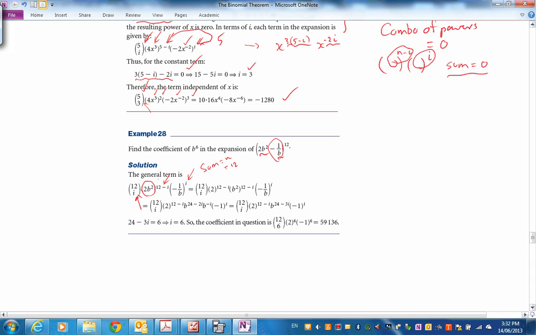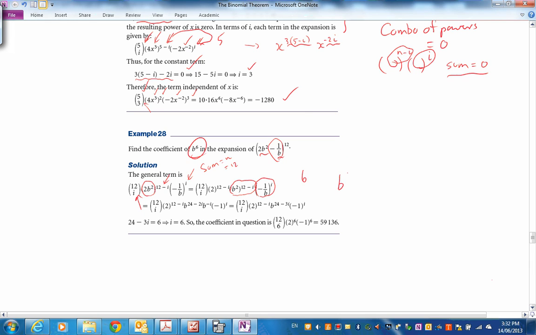Now what are we doing here? Well, let's look at the power of b. Here, it's b squared to the 12 take i, and this one. And we want that overall power to come to 6, because we wanted b to the 6. So what must i be, so that when those two terms combine, your overall power is 6? So I would go away and do it over here.